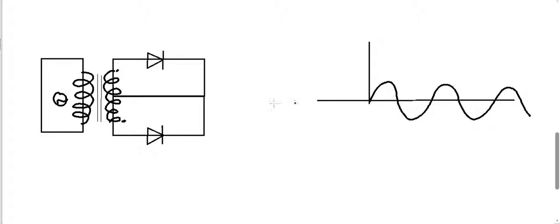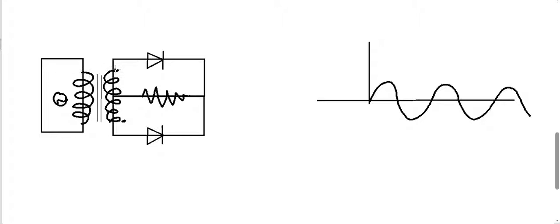Suppose I have the arrangement like this, and there is a resistor here, and I am trying to pass a rectified current through this. I would be able to achieve this if I have the diode arrangements like this.